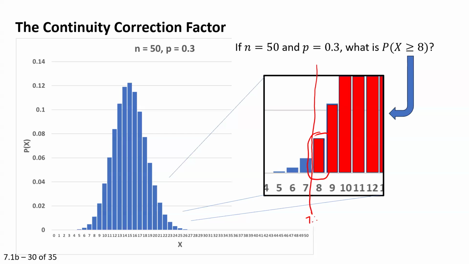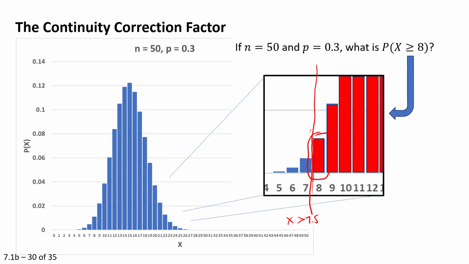It's going to be at x greater than 7.5. I want to include 8 and everything bigger than 8, and so I'm actually cutting it halfway in between 7 and 8. Oh, I feel like I lost you a little bit there.